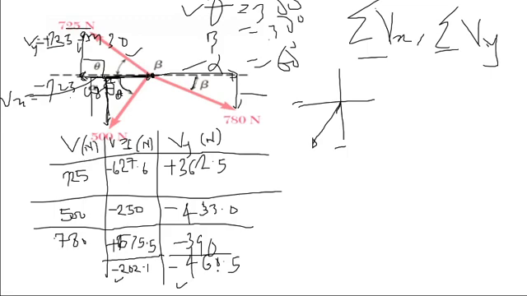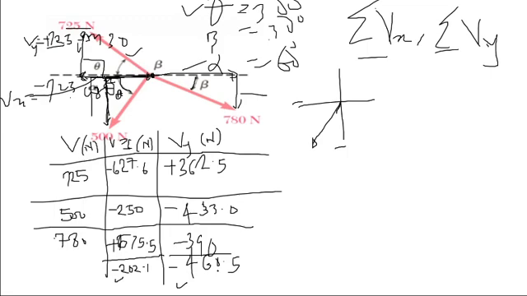So we are looking for the square root of 202.1 squared plus, because the square of any negative number is a positive number, 460.5 squared.